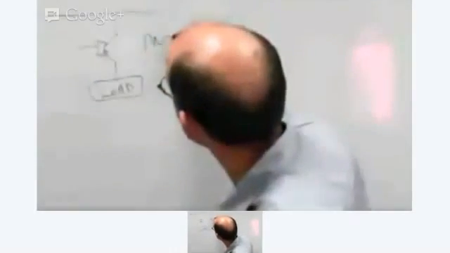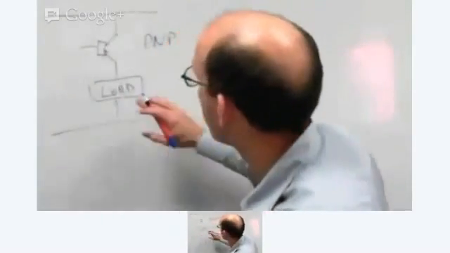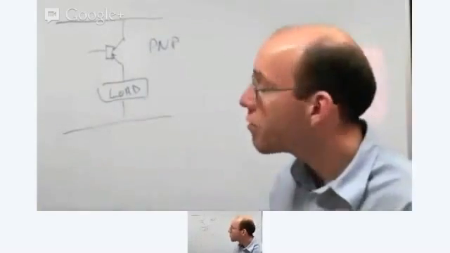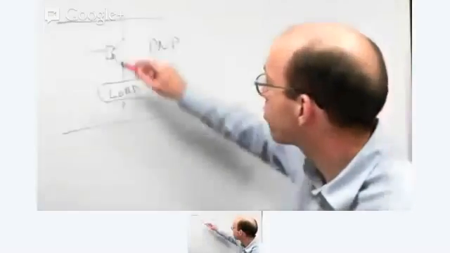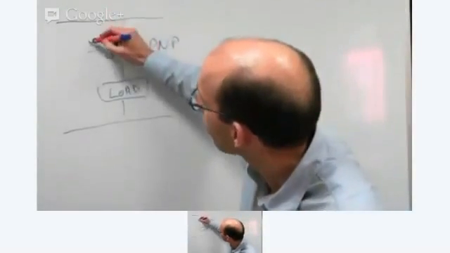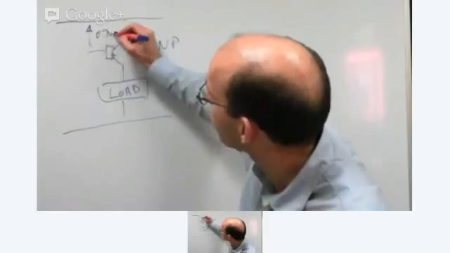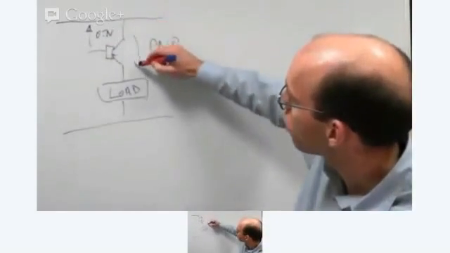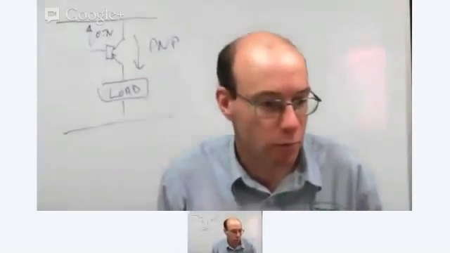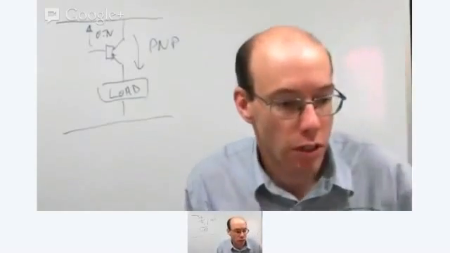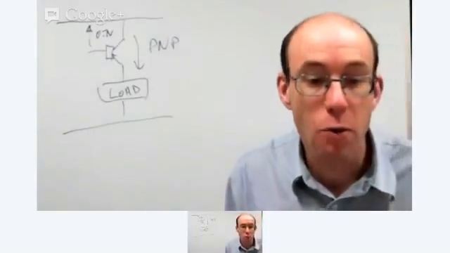So that's a PNP transistor. But other than that, it works in the same way. We need to make sure that the difference between here and here is greater than 0.7 volts. And when we do that, the current flows through the device. So that's how transistors work.